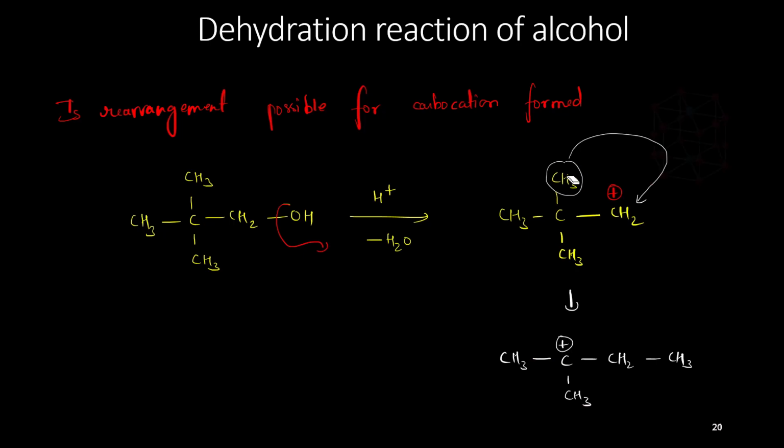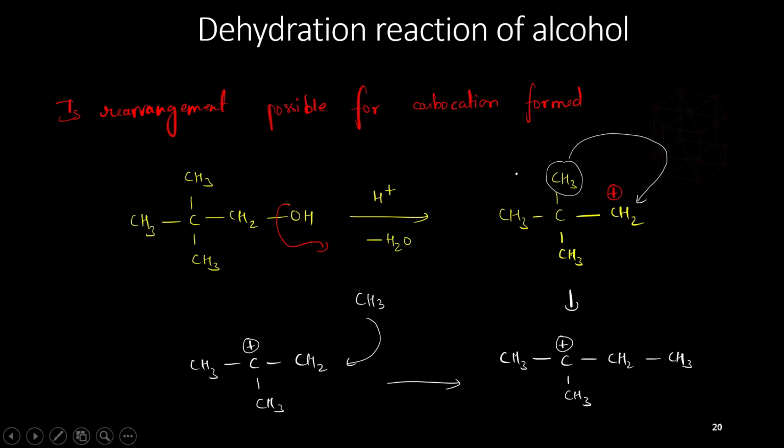This CH3 left, and when it left, it forms like this, CH2, CH3, with a positive charge over here. But now this CH3 which left will come and bind to this carbon. When it binds to this carbon, the positive charge present over here will disappear and there will be a positive charge over here. So if you see, the positive charge which was present over this carbon has moved to this carbon by rearrangement. Understood?